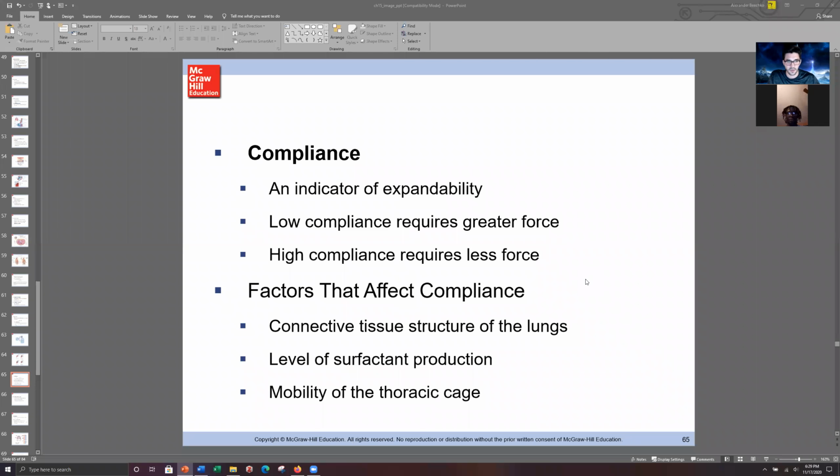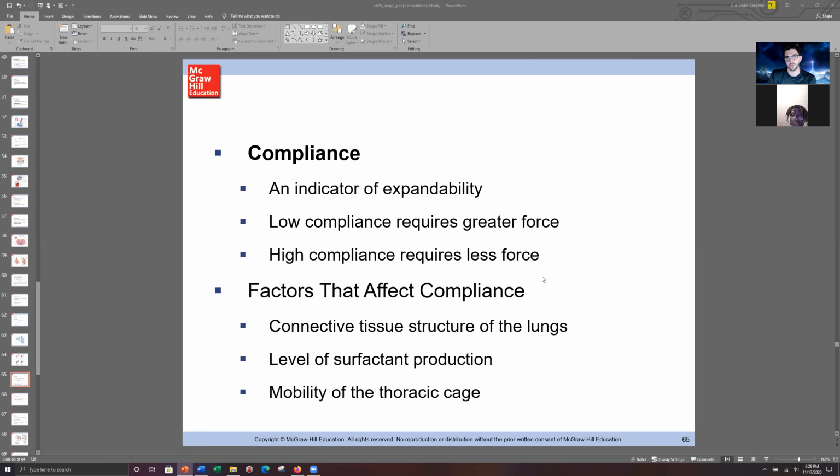Okay. We have something called compliance, which is an indicator of expandability. Low compliance requires greater force. High compliance requires less force, right? So how stretchy our lungs are, how compliant they are, is going to determine how easily we're able to inspire and expire. As we get older, our tissue ends up sclerotizing, and so it becomes a little bit stiffer.